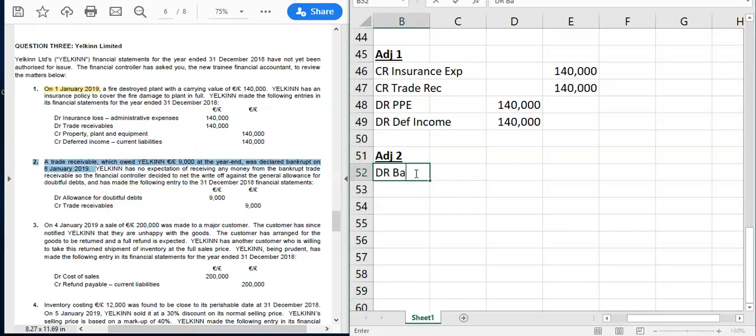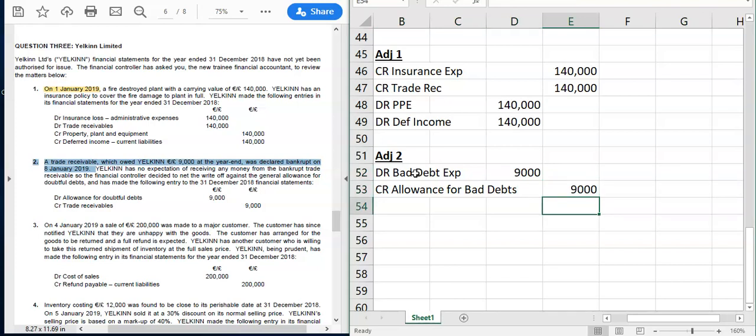That should be debit bad debt expense, and it should be credit allowance for bad debts. Now it's just a slightly different answer. 9,000, 9,000. So you're saying the adjustment is fine, but it should be adjusting your bad debt expense rather than your allowance for bad debts.